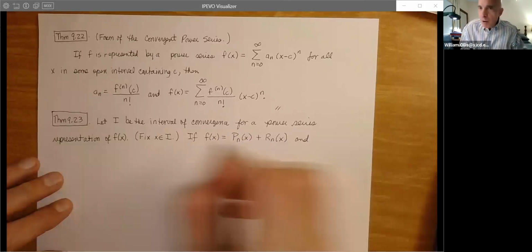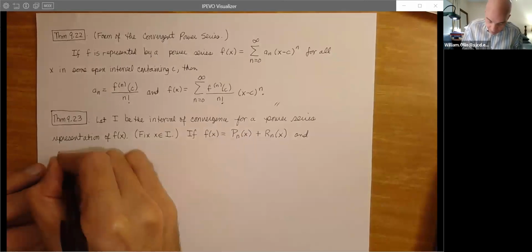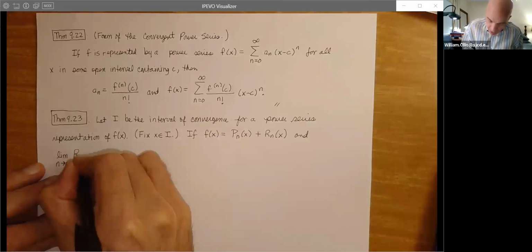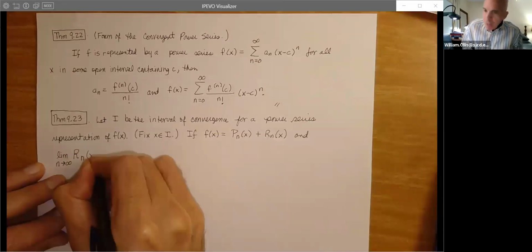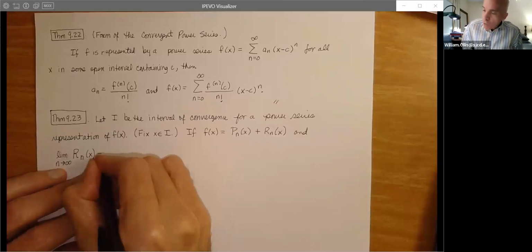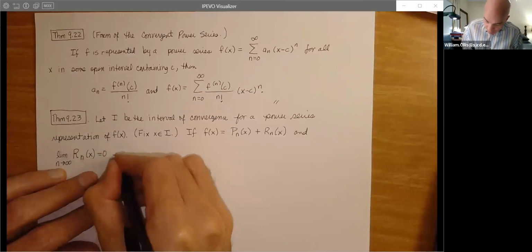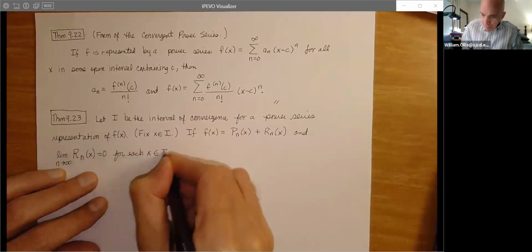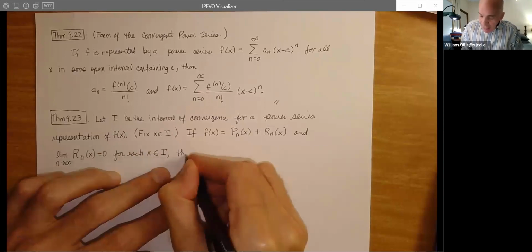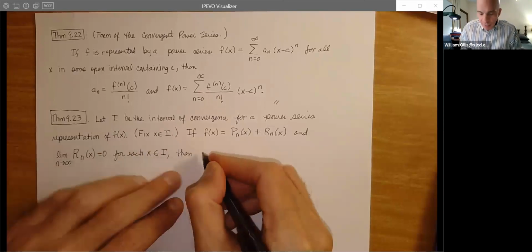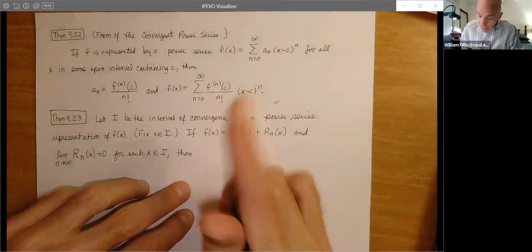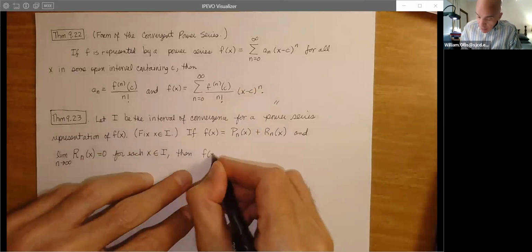The other thing that you're probably thinking of: the limit as n approaches infinity of the remainder term is 0 for each x in I. Then the idea is that as we pass to the limit, this converges to 0, and all that's left is the so-called infinite Taylor polynomial. Then indeed, f of x equals this.